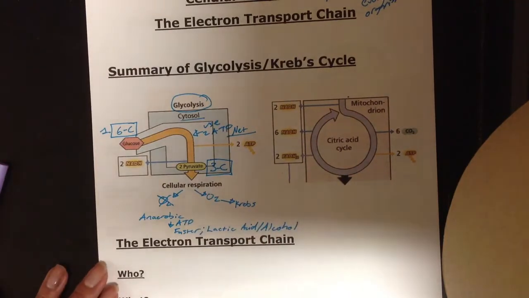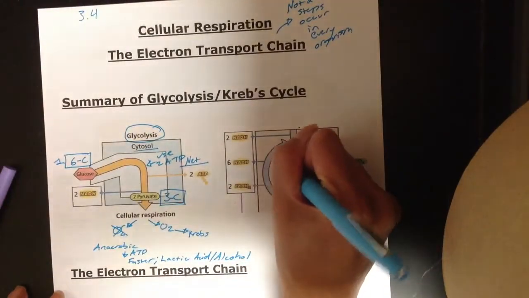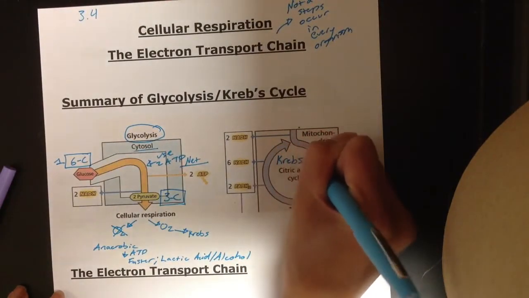Okay? So once we have our 2 pyruvate molecules, we're going to be able to move on to the Krebs cycle, which is also known as the citric acid cycle.